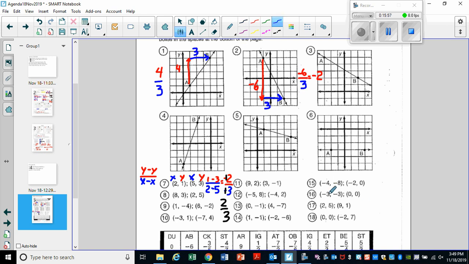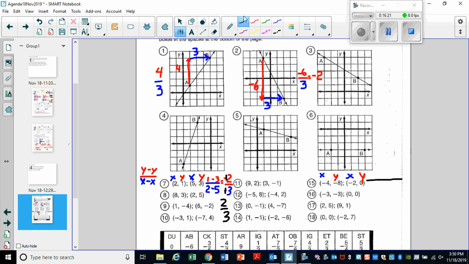Now, 15, I want to let everybody in on this one too, because this is a case where you're going to have at least a negative minus another negative number. So for 15, set up a fraction bar.